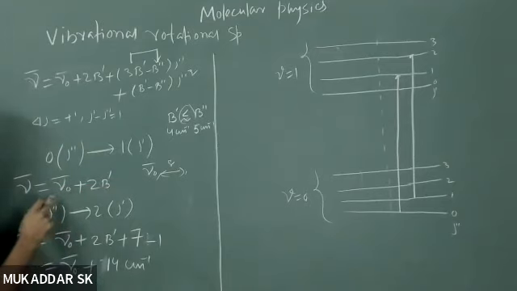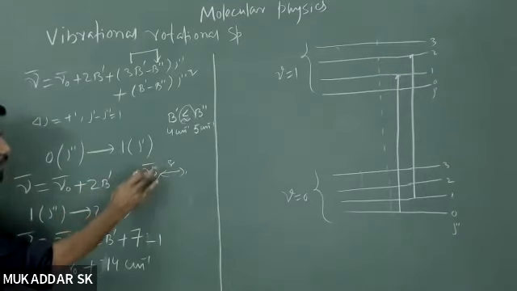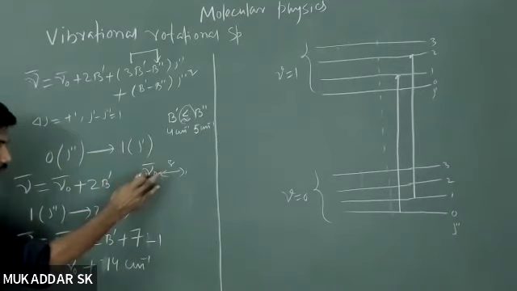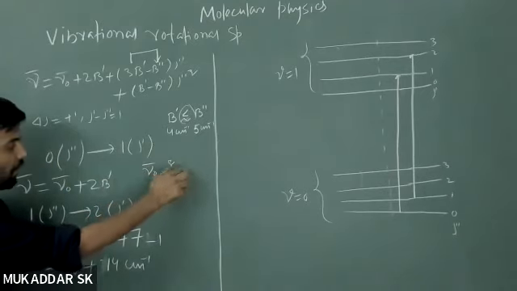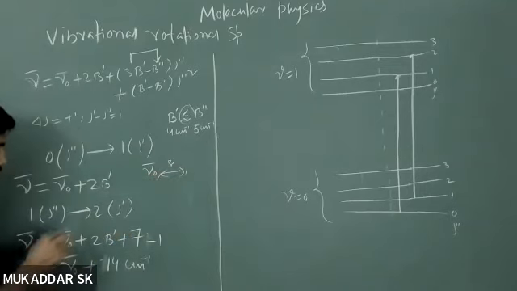So it will be located at nu 0 bar plus 2 into 4, so at 8. The fundamental band is at nu 0 bar, the first rotational line is somewhere else, but this distance is 8 centimeter inverse.